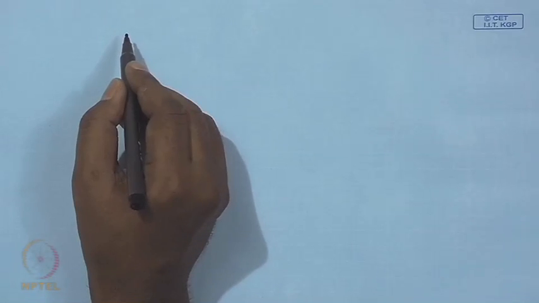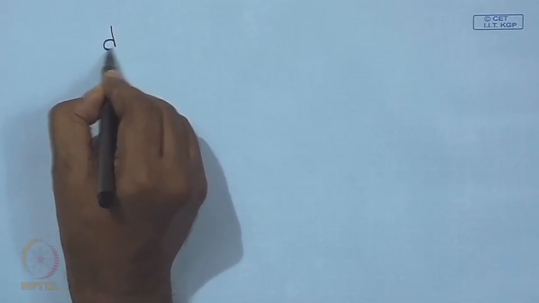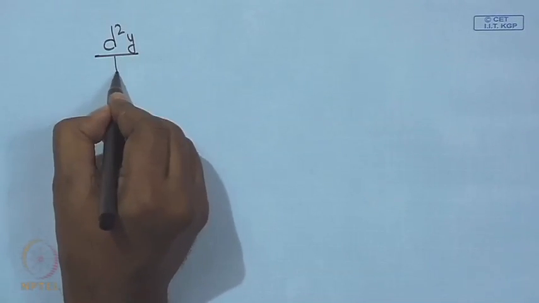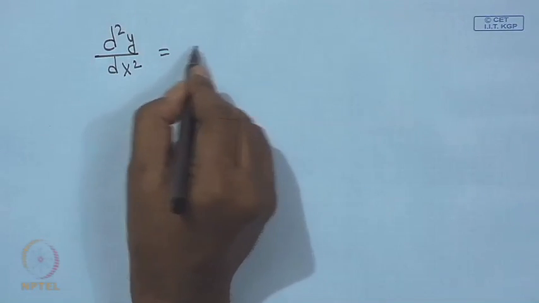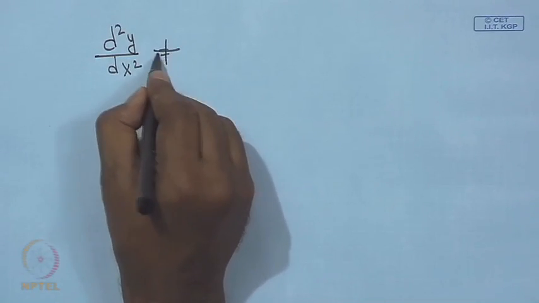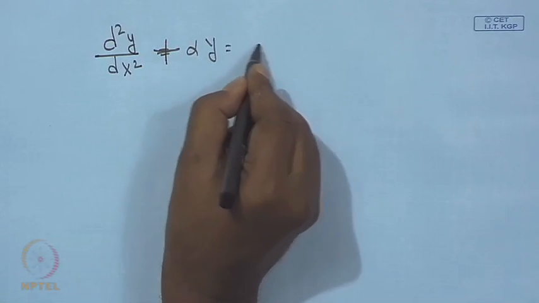So, again we look into the problem in a different way by changing the boundary condition. The form of the equation remains the same, d square y dx square plus lambda y is equal to 0.